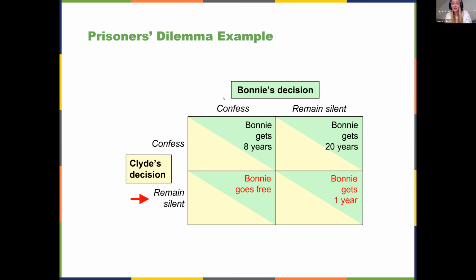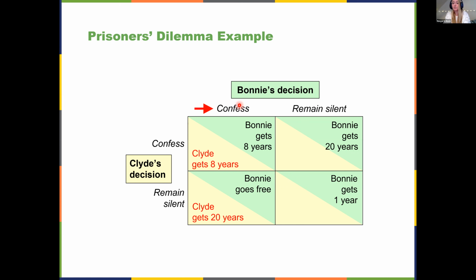So we can also figure out what's going to happen to Clyde based on Bonnie's two decisions. Going the other way now, Bonnie has two different decisions to make as well. She can confess and point the finger at Clyde, or she can remain silent and not tell the cops any more information.